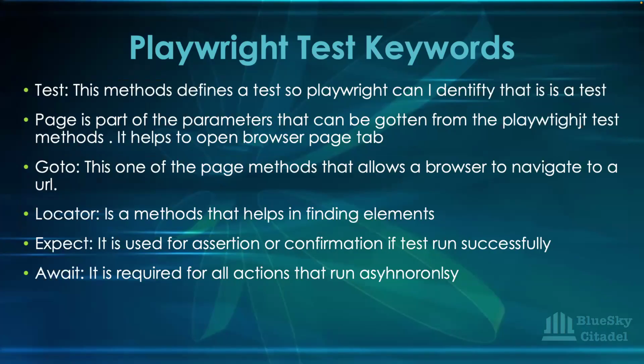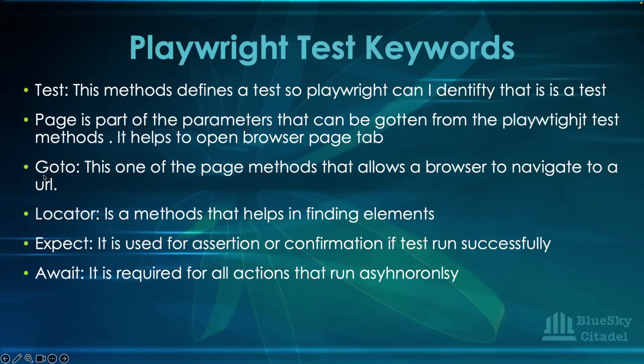This method defines a test so Playwright can identify that it is a valid test. The second one is the page, and the page is part of the parameter that can be gotten from the Playwright test. It helps to open a browser page tab.